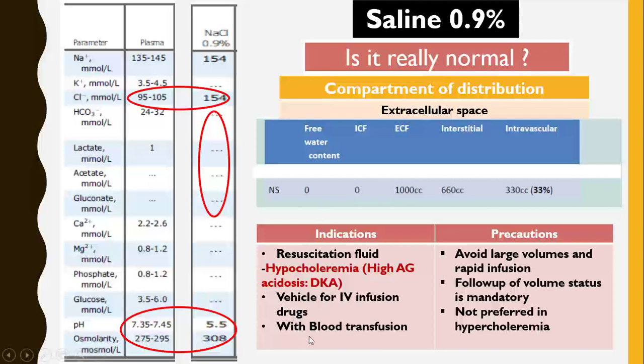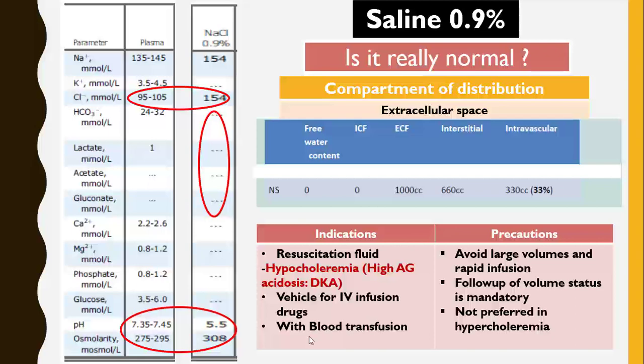Okay? So it is a resuscitation fluid, it can be used as a vehicle for IV infusion of drugs, and it can be used with blood transfusion. Why? Because it is an isotonic solution, as we mentioned in the first slide. Think about any cell, the brain cell and the RBC. If I infuse the saline with the packed RBCs in the same line, the saline will not affect the RBC size.